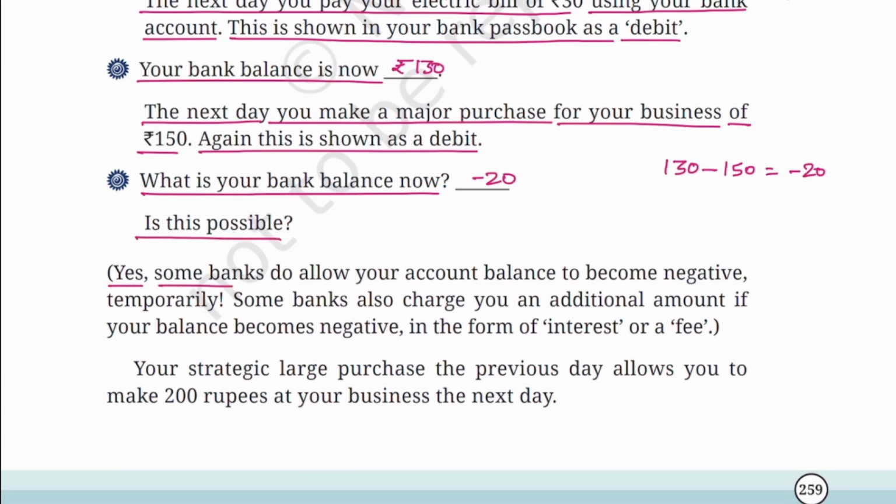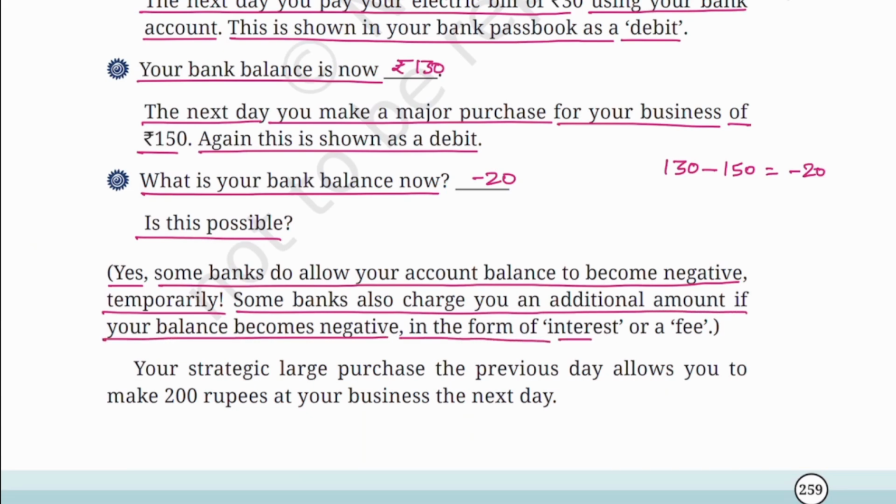Yes, some banks do allow your account balance to become negative temporarily. Some banks also charge you an additional amount if your balance becomes negative in the form of interest or a fee. Your strategic large purchase the previous day allows you to make 200 rupees at your business the next day.